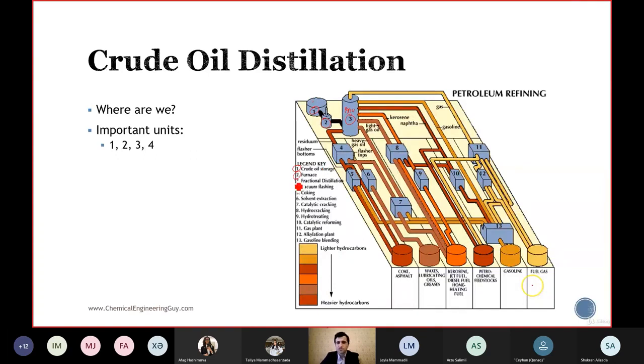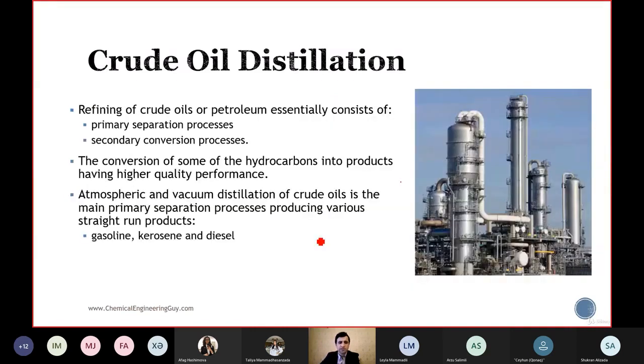Crude oil distillation. You can see the distillation column on the right-hand side. We have the primary separation processes and secondary conversion processes. Secondary conversion processes, which we will talk about in the next session, will be FCC, CCR, ISO, DCU, BBU, etc. This is the conversion of some of the hydrocarbons into products having higher quality performance.